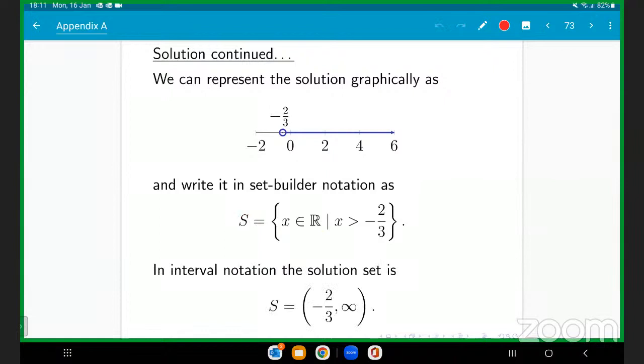And in interval notation, very similarly, we have minus 2/3 up to infinity. Importantly here, since minus 2/3 is not part of the solution set, we put a round bracket on that side, and we never put a square bracket on the side of the infinity.